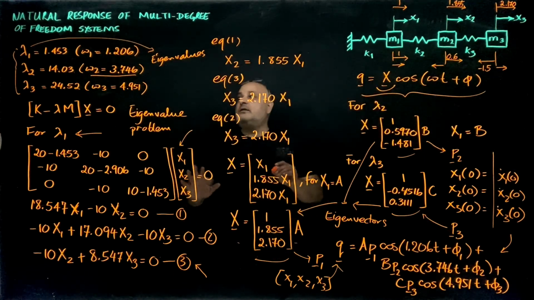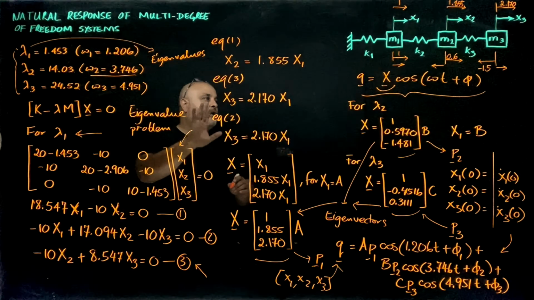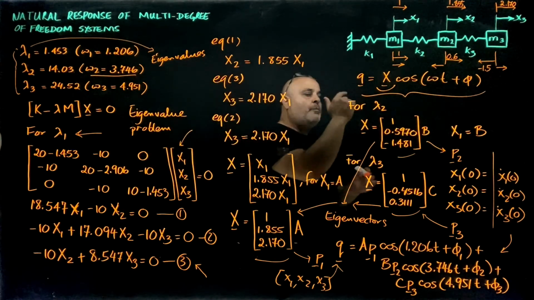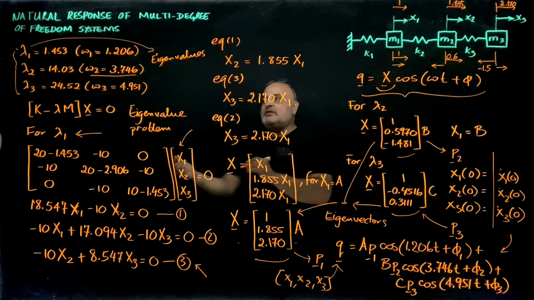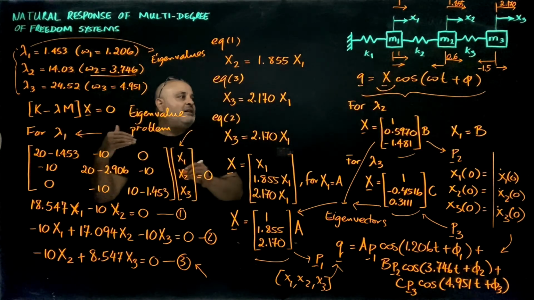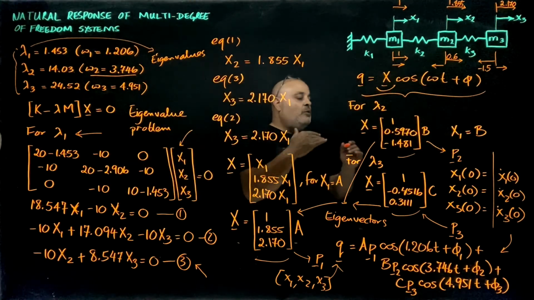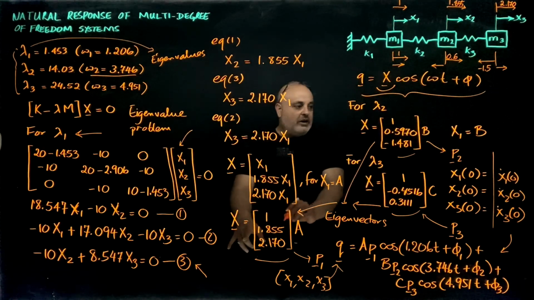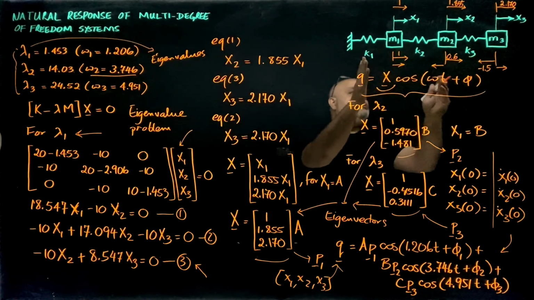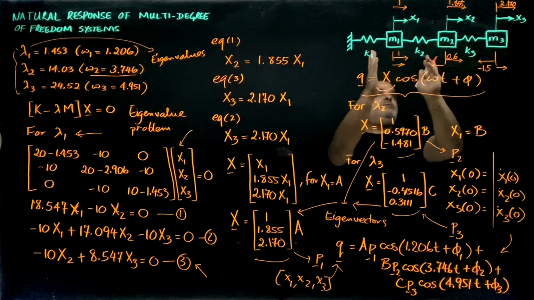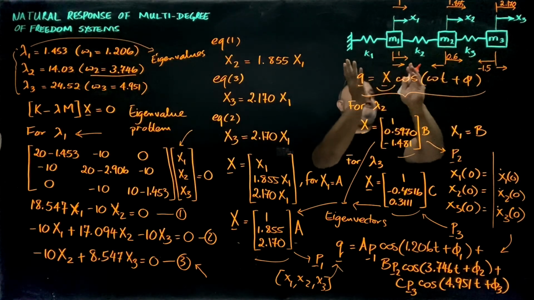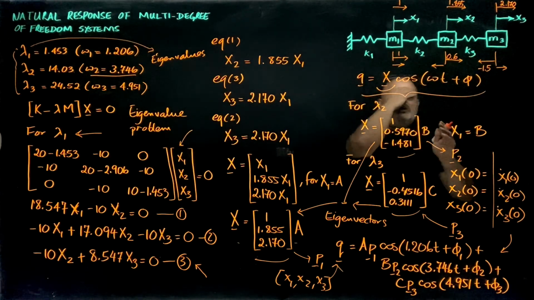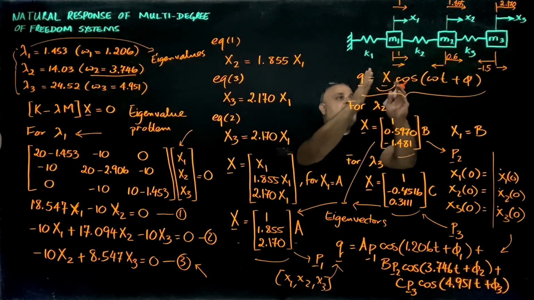And that's the natural response for a multi-degree freedom or multi-mode system. And now this is where the name multi-mode comes from. We have 3 modes of motion, 3 mode shapes, 3 modes of motion. The mode of motion refers to the motion of these 3 masses, the shape of the motion.